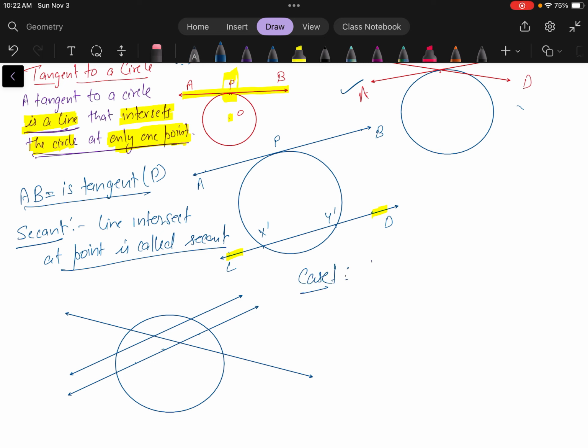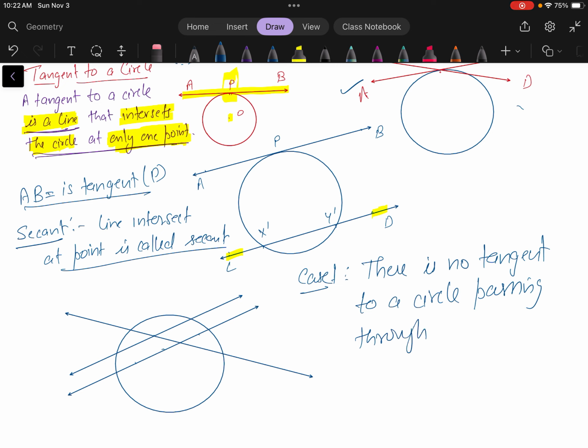Case 1: there is no tangent to a circle passing through a point lying inside the circle.